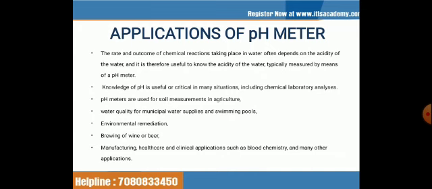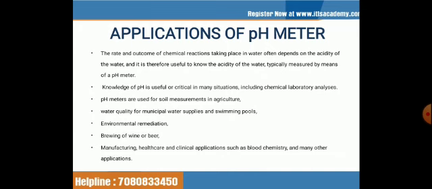Almost all industries require the input of water. None of the industries can run without the supply of water. Therefore, before using any kind of water, we have to check the pH. Sometimes the pH of the water differs for different locations.